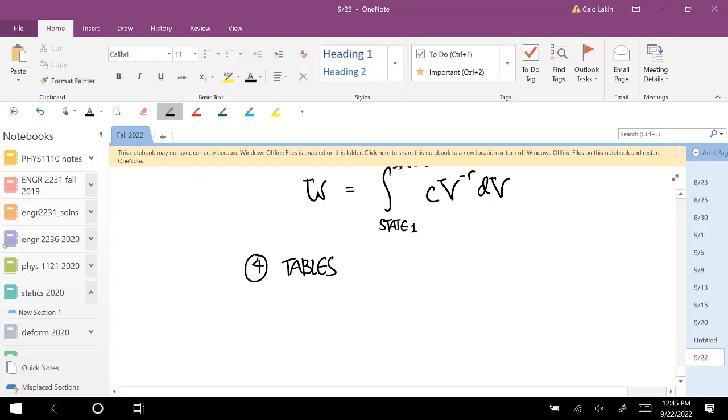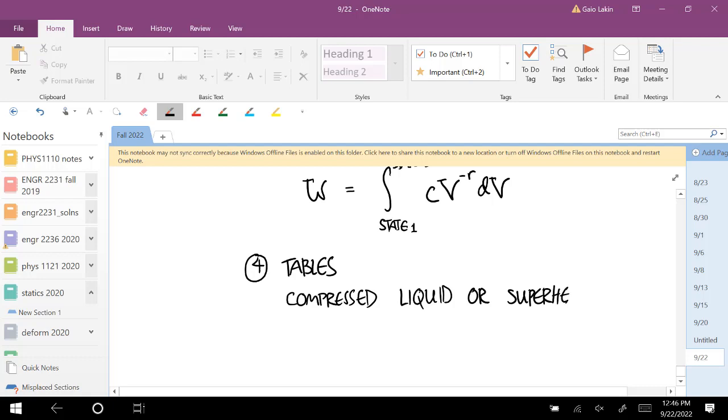For compressed liquid or superheated vapor, you need pressure and temperature to look up properties.